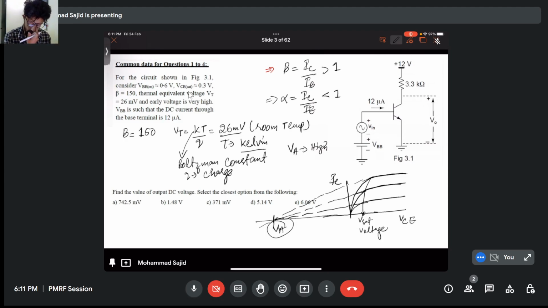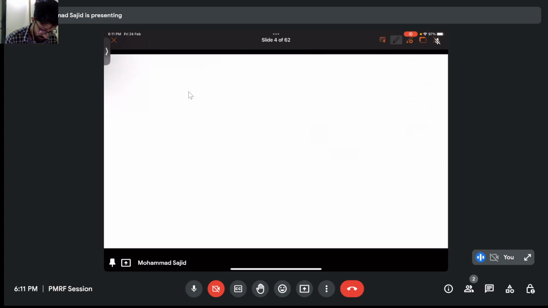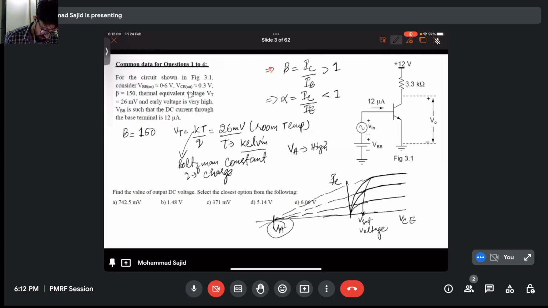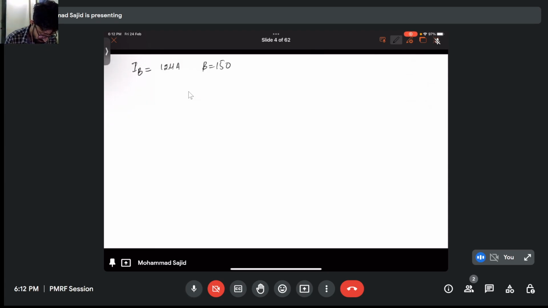right? So in this question, IB is given to you as 12 microampere, beta is 150. We have to find the output DC voltage. We have to find this voltage. So what do we have in hand? KVL, KCL.